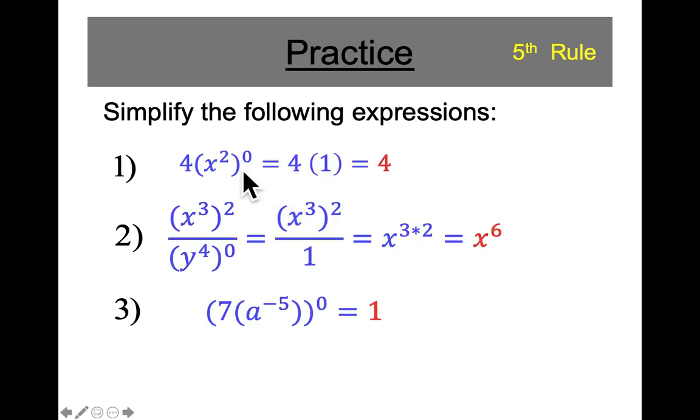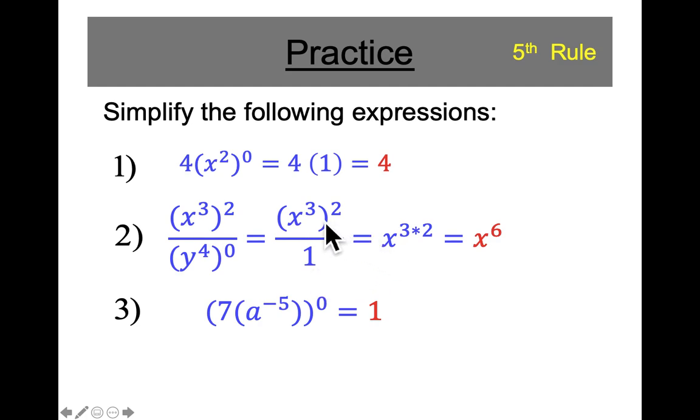Okay, so in this case, the 0 power applies to what's in the parentheses only. So this expression all goes to 0, and we're left with a 4. So number 1 is simply 4. On number 2, everything in the denominator is raised to the 0 power. So we end up with the numerator over 1.